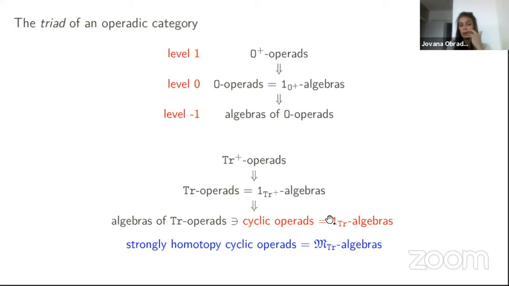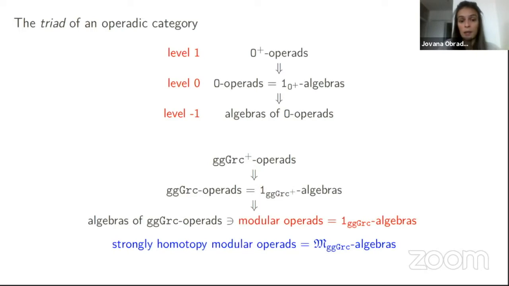Once again, we get strongly homotopy cyclic operads as algebras for the minimal model of that terminal operad. And my third example is the triad of the operadic category of genus graded graphs. Here, of course, we find modular operads again as algebras for the corresponding terminal operad. All right, so this is the setting.